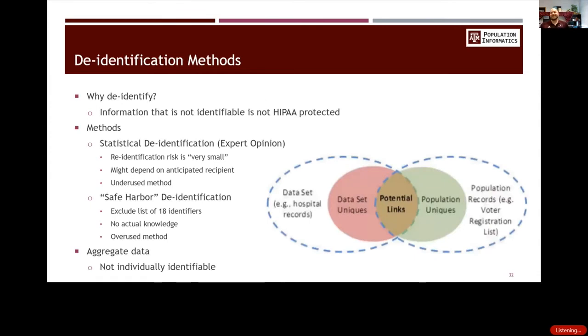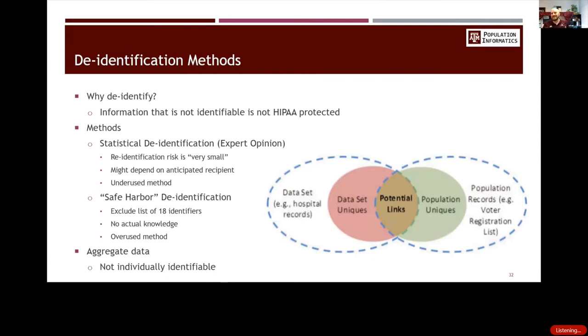Now, I think one of the reasons why HIPAA has these de-identification methods is because that definition we just talked about before was a little vague. One of the reasons why we want to de-identify information is because if we can take identifiable information and make it not identifiable information, then the law no longer applies to it.